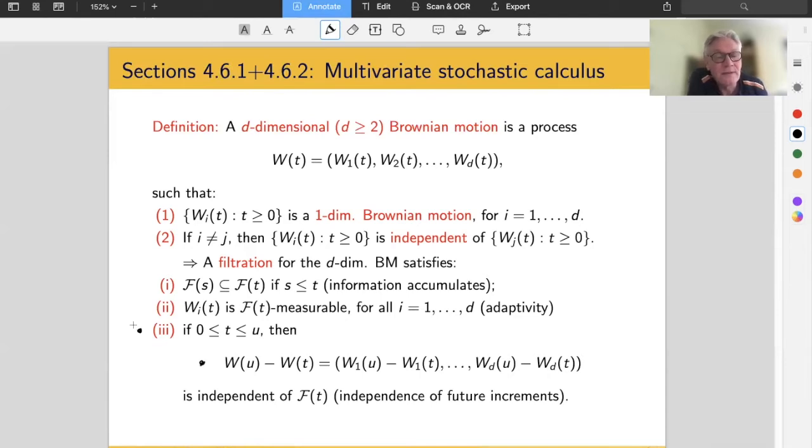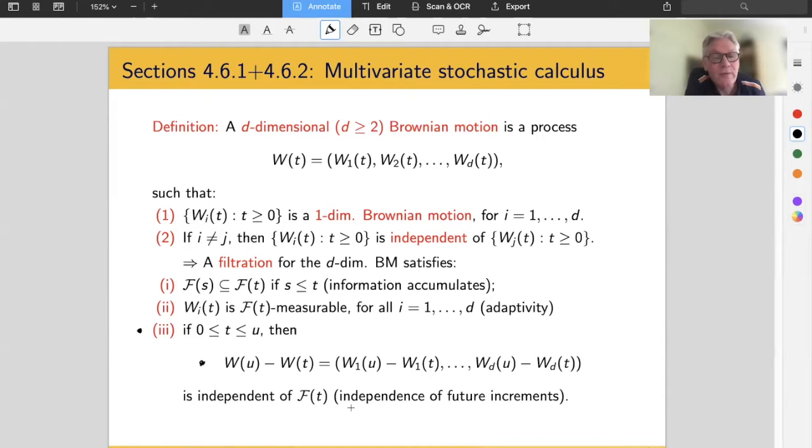When 0 is less or equal to t is less or equal to u, then the vector-valued increment W(u) minus W(t), by which we mean W1(u) minus W1(t), W2(u) minus W2(t), up to Wd(u) minus Wd(t), is independent of F_t. And each of these individual components is then independent of F_t. We know that by the notion of independence of future increments.